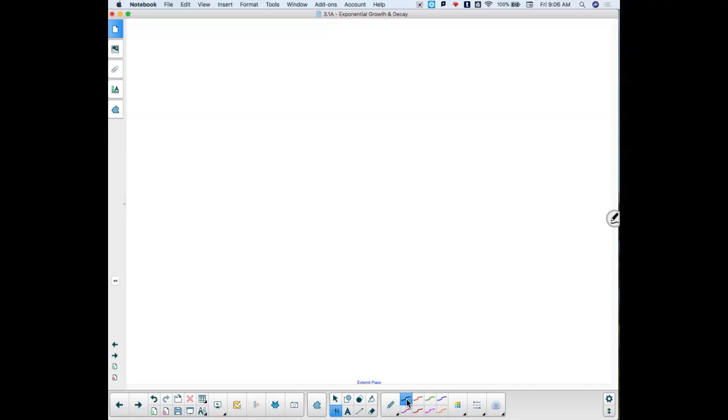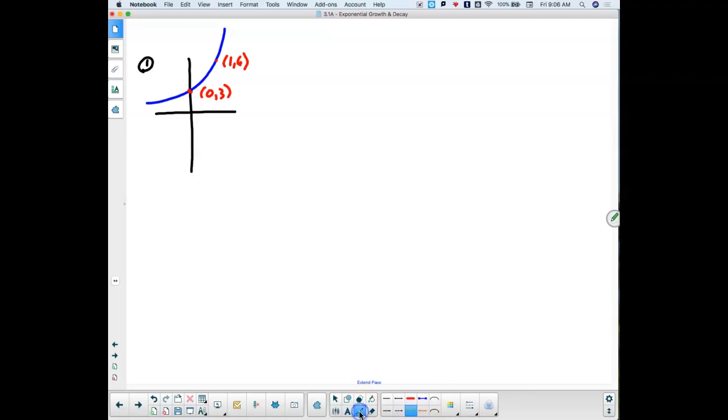So number 1 should have looked like a growth where you went through the points 0 comma 3 and 1 comma 6. Actually all of them should have had a horizontal asymptote of y equals 0. On all of them.